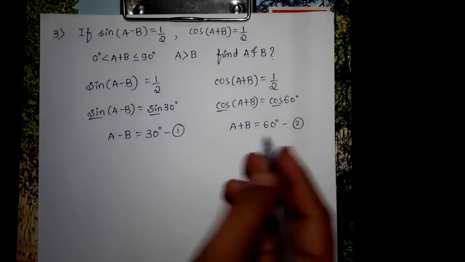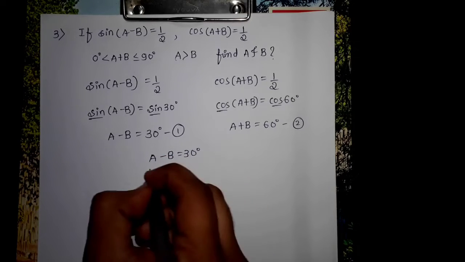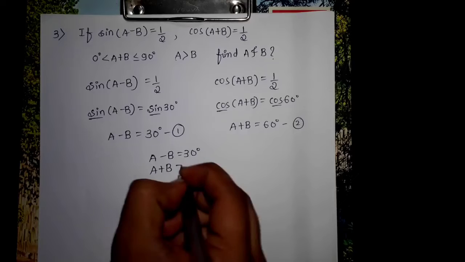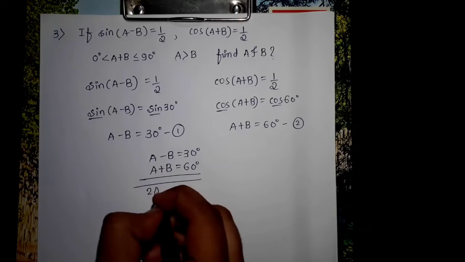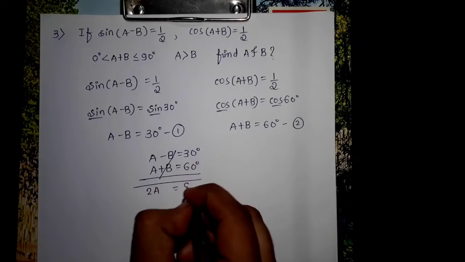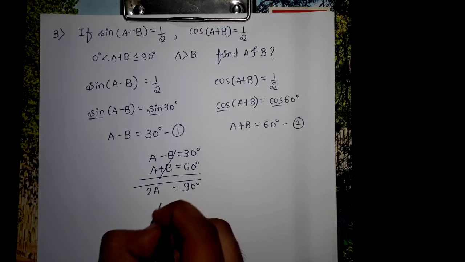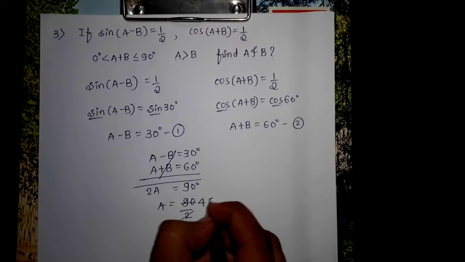Now solving equation 1 and 2, a minus b is equal to 30 degree and a plus b is equal to 60 degree. Now solve this. A plus a, 2a, minus b plus b cancel, equal to 60 plus 30, 90 degree, where value of a is equal to 90 divided by 2, that is nothing but 45 degree.